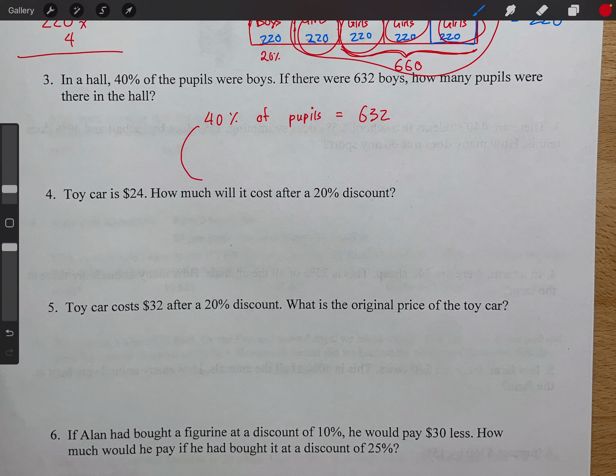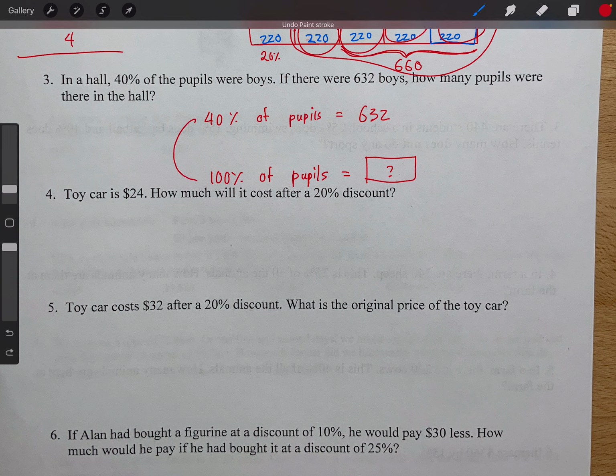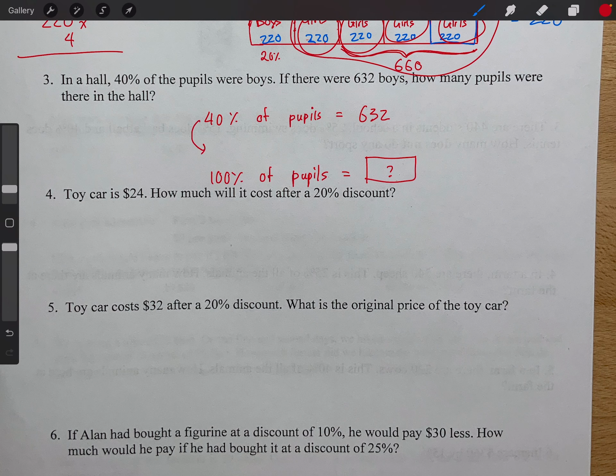So how much is 100%? What's the number there? Again, going from 40 to 100 is not easy, so let's go from 40 to 20%. Then we can go from 20 to 100 by multiplying by 5.